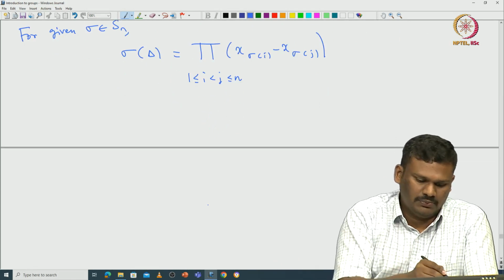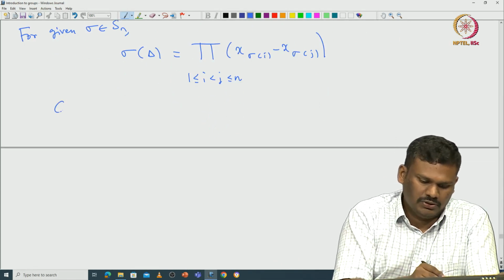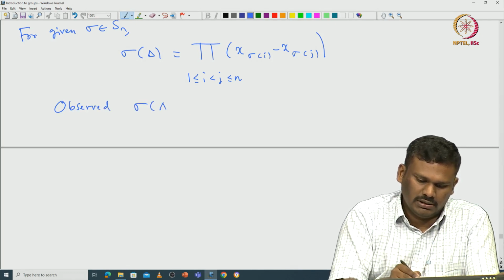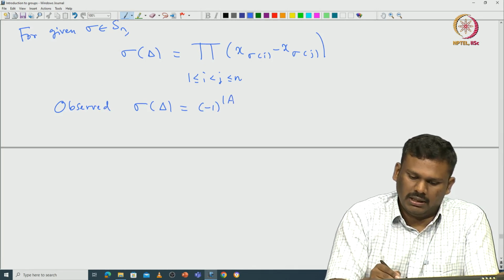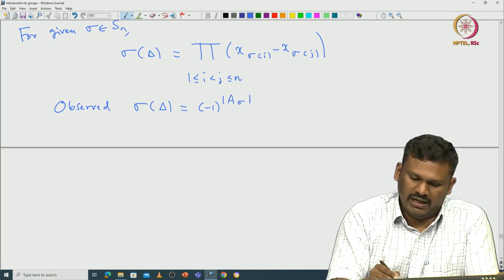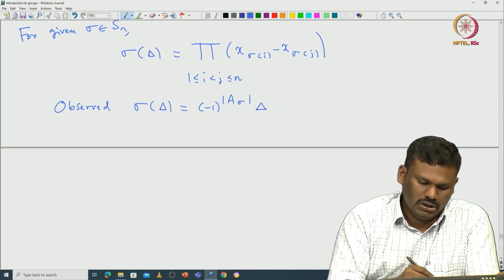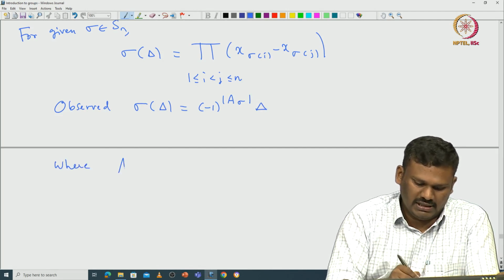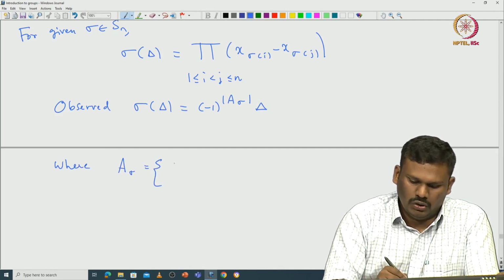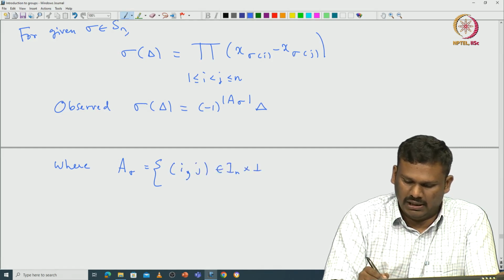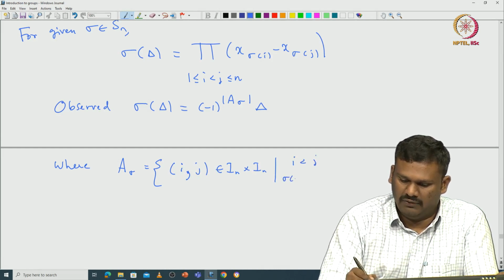Anyway, what we observed is that sigma of delta is given by minus 1 power the cardinality of A sigma, times delta. Here A sigma is the set of tuples (i, j) coming from n cross n such that i is less than j but sigma of i is greater than sigma of j.